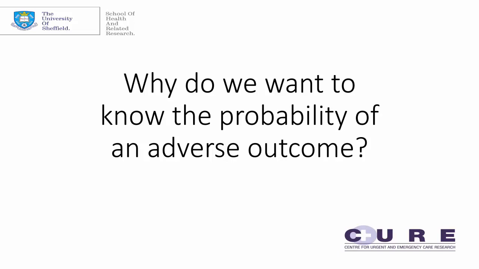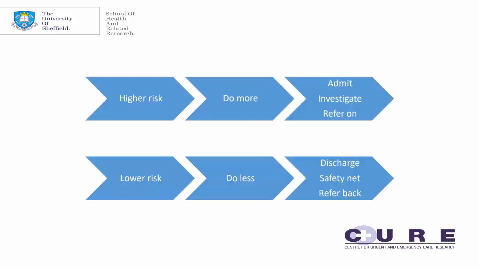To answer that question, we really need to think about why we want to know the probability of an adverse outcome. What I'll suggest is that the way we usually use this in clinical practice is that the higher the risk, the more we're going to do.